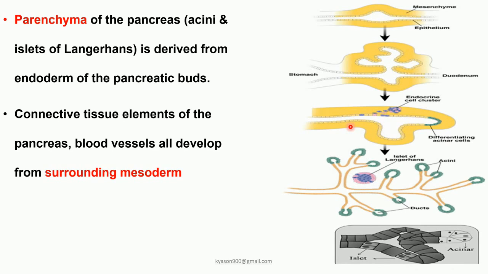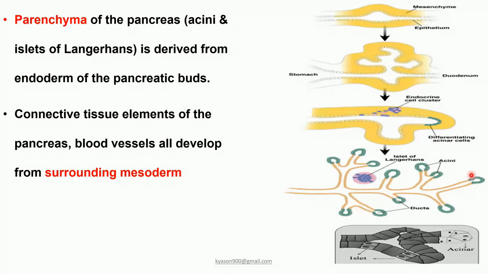Then, as the buds grow, there are some portions of the buds that will form ducts, as we said. The ducts within are going to grow to give rise to the main and the accessory ducts. It's also important to note that there are some special cells that will form later in development.